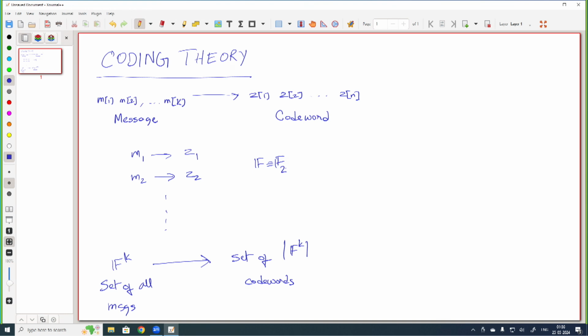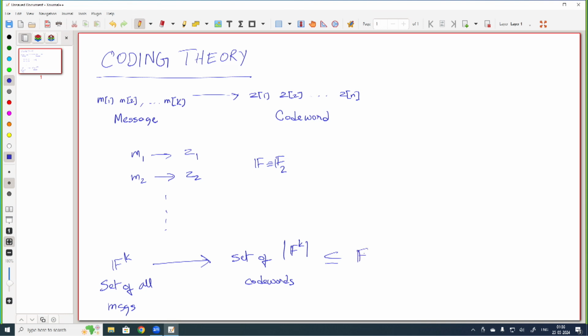So, now if I go to the set of code words, I have exactly those many code words, right. If my field was F2, then I will have 2 raised to k code words. If my field was some other finite field like F9, then it will be 9 raised to k code words, right. Now, these code words are a subset of what?